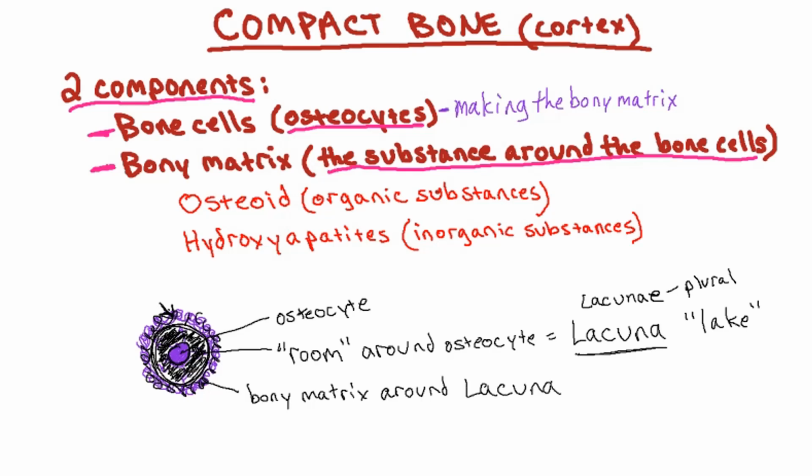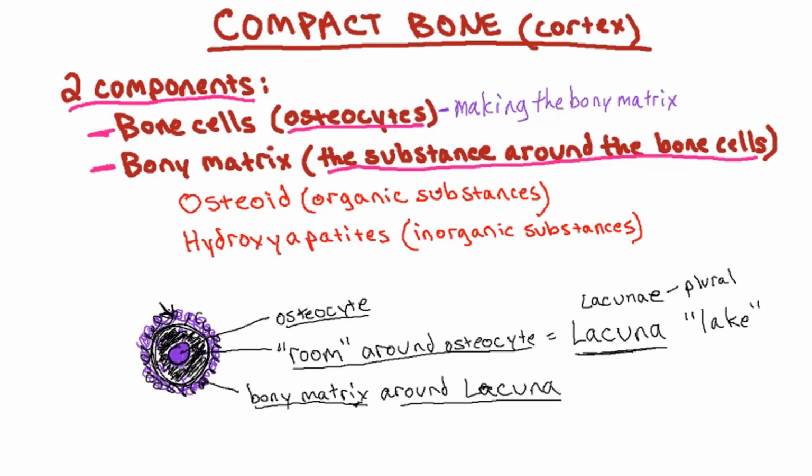Okay, so you have the osteocyte, the bone cell, in the middle. There's a little bit of room around the osteocyte as the osteocyte secretes the bony matrix. The room around the osteocyte is called the lacuna, so the bony matrix that the osteocyte is secreting ends up forming around that lacuna, around the room or the house where the osteocyte lives.